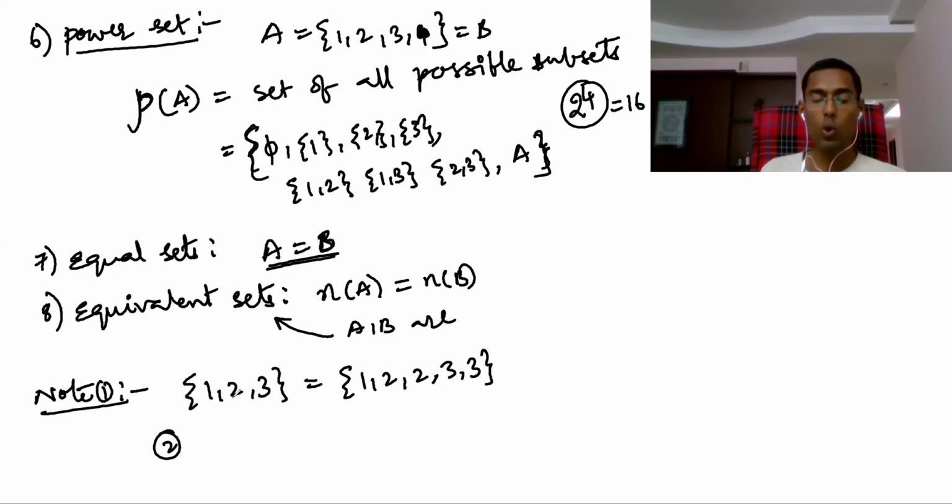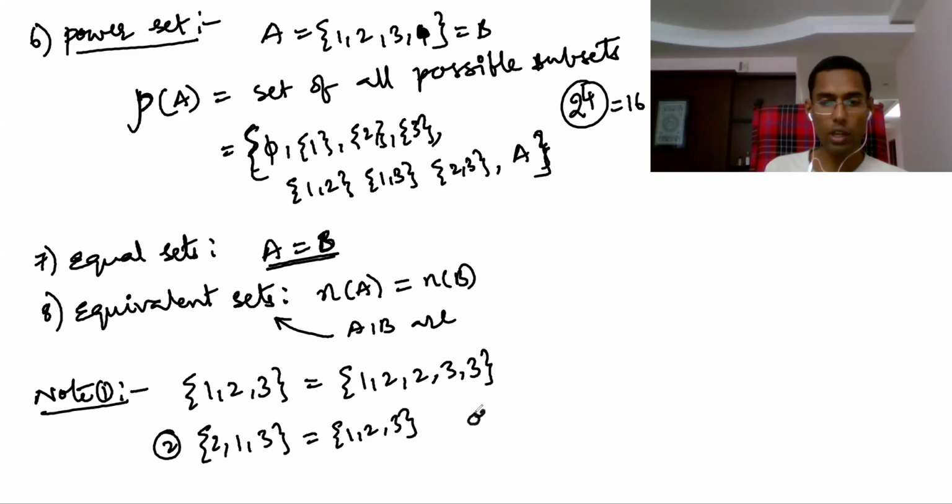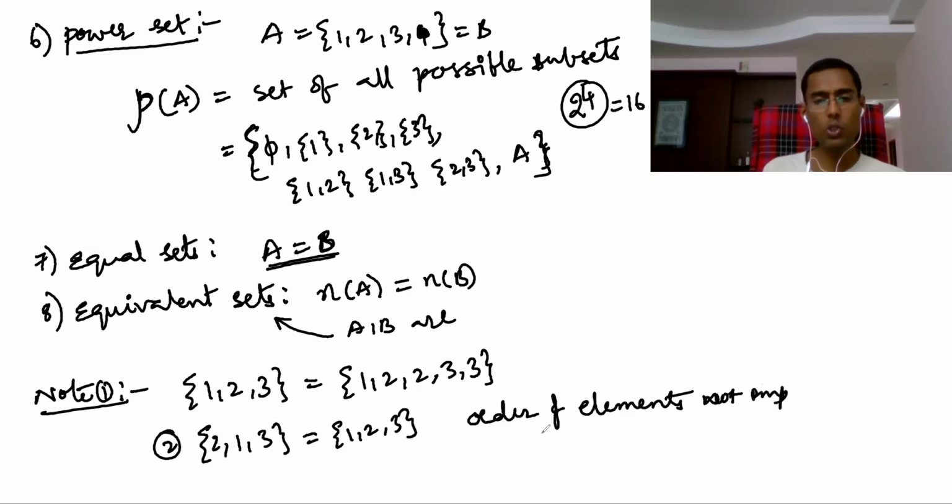In a set, we don't repeat an element; even if it is repeated, we write it only one time. Another thing is that order is not important. If I write {2, 1, 3}, it has the same 1, 2, 3, all the same. That means the order of elements is not important. In a set, you can write in any order. Order doesn't matter.